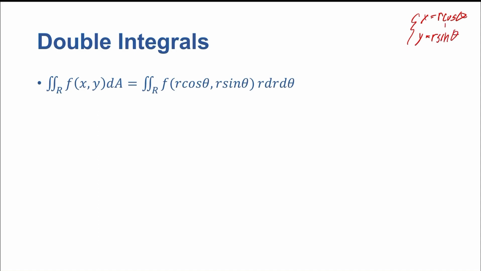So we can say that our integral is going to be over the same region R of f of r cosine theta, r sine theta, right? We replace all of our x's with r cosine theta, and all of our y's with r sine theta. And then at the end, we have r dr d theta. Now, this r is the weird Jacobian term, but again, we'll cover that in a later video.